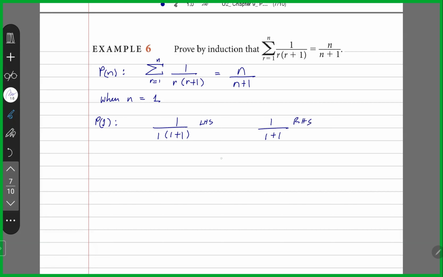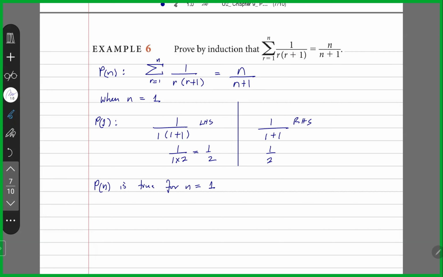All right, so over here, I have 1 over 1 times 2, which is a half. And over here, I have 1 over 2. So we can clearly see that Pn is true for n is equal to 1.